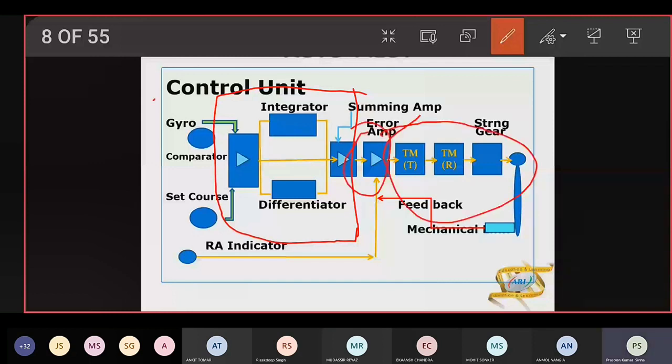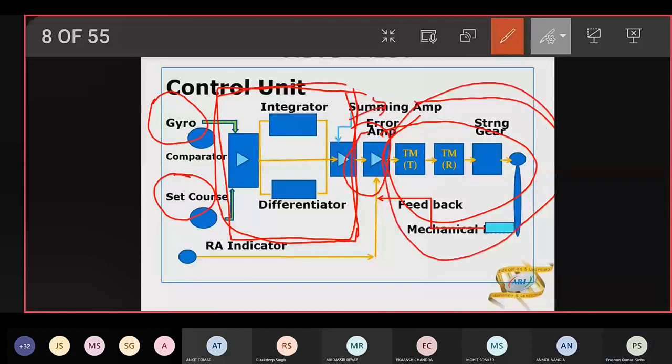So sensors, you have gyro and set course, then thinking is done by this part, output comes, output is doing some action. Would this answer be okay?